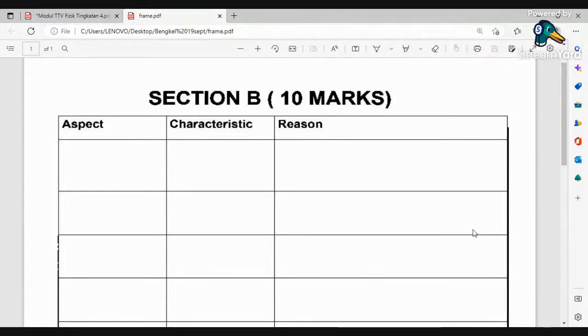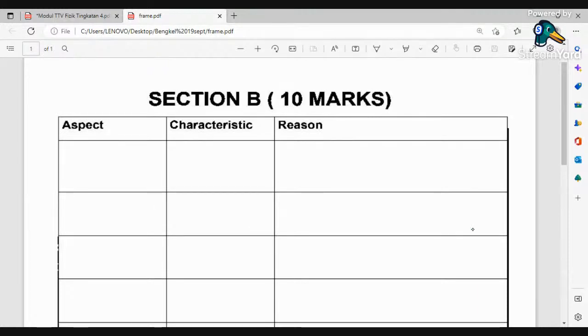Okay, aspek yang pertama tadi, the first aspect. Air intakes opening.